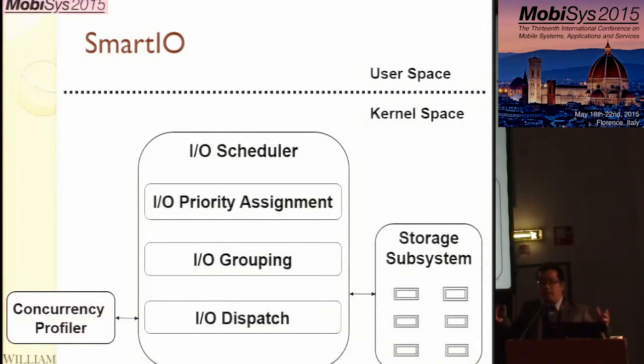But when you keep increasing the number of processes, you will hit a certain threshold beyond which there will be such a huge overhead of managing, and you will not see an efficiency. So the concurrency profiler actually just tries to get the optimal number of I/Os that are to be issued at the same time.